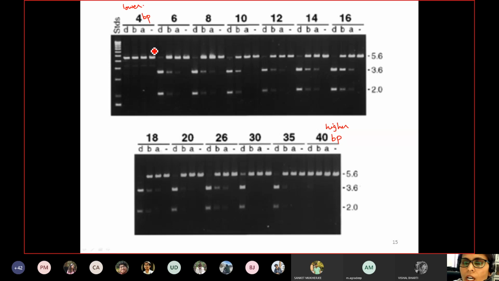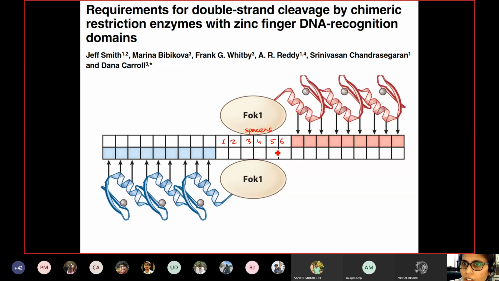So that means when they go down to 4 base pair spacers, there is no cut, and it cuts at the same position or different from 6 base pairs onwards to 35 base pairs, whereas 40 was the higher limit. So based on these kinds of experiments, they were able to figure out 6 base pair spacers work best with the opposite orientation in this case.